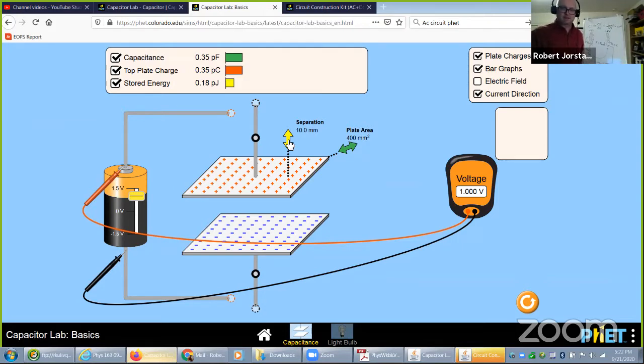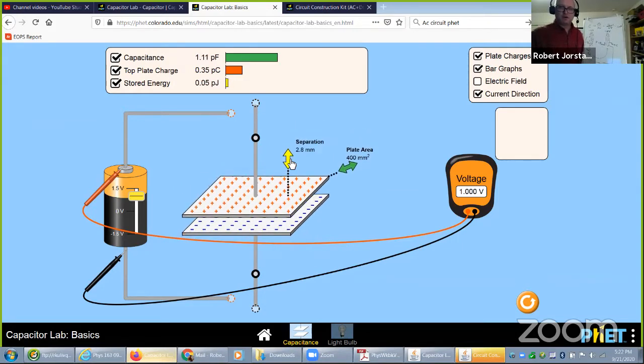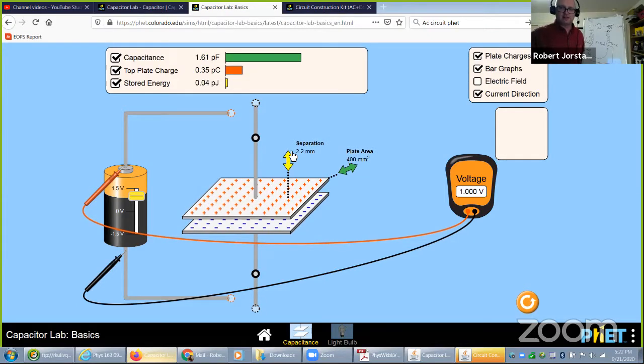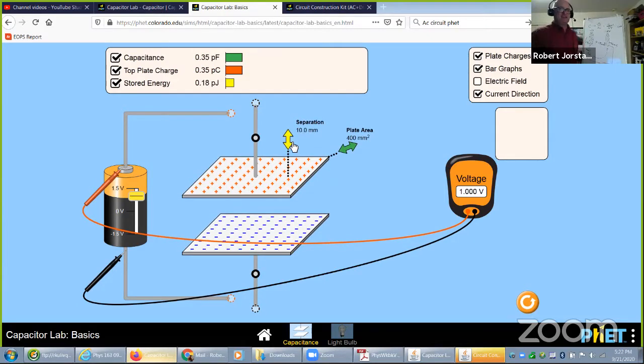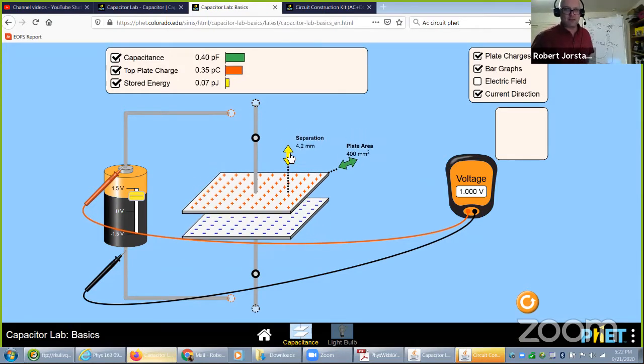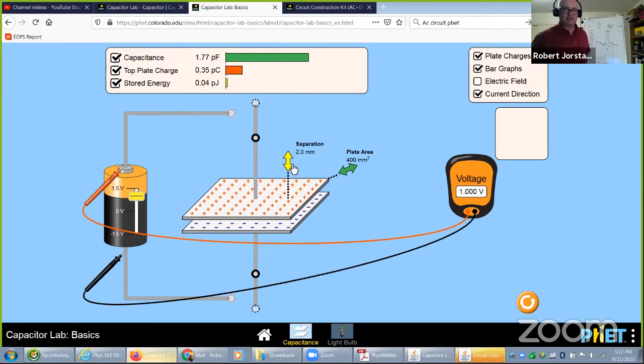Let's see what happens. Ready? There's nowhere to change the charge. And notice this weird phenomenon happens. When the battery is disconnected, you crank up the capacitance, but you have the same amount of charge. That implies you have a smaller electric field and thus less energy. And so, yeah, that's kind of crazy, right?